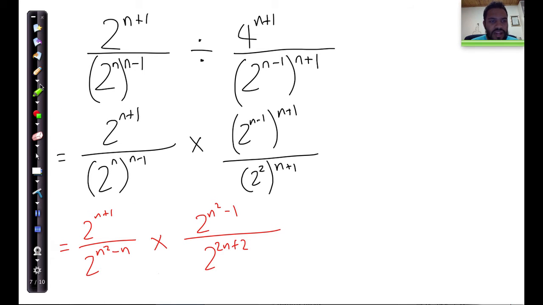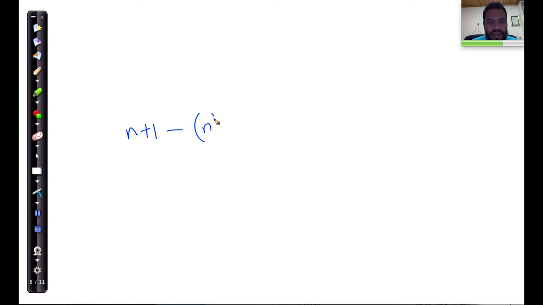Right. And so now I can go ahead and simplify this very easily. I've got the same base divided by the same base, so I'm going to take that, and I'm going to say that's n plus 1, and I'm going to subtract the bottom. I just want to show you what that means. It means n plus 1 minus n squared minus n. And remember, when you are subtracting, these things have to multiply out, and that becomes n plus 1 minus n squared plus n.